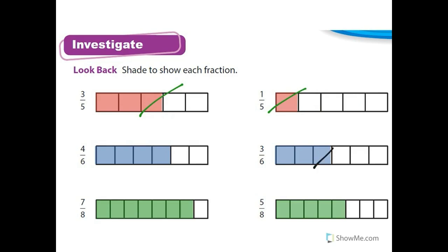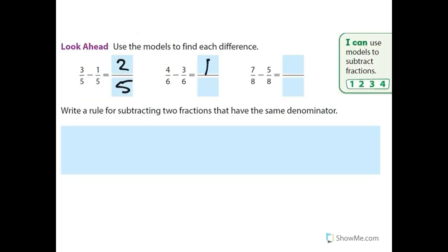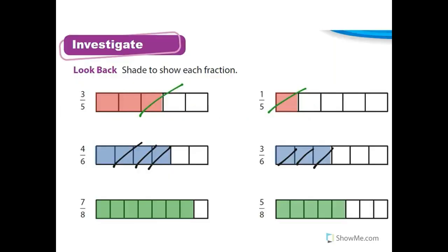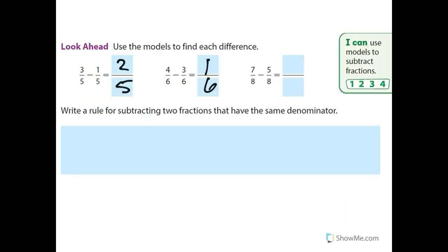Well, if I mark out 3 from here, mark out 3 from here, I'm going to have 1 left, so that's 1/6. And then 7/8 minus 5/8, so mark out 5 from each one, and I'm going to have 2/8 left.